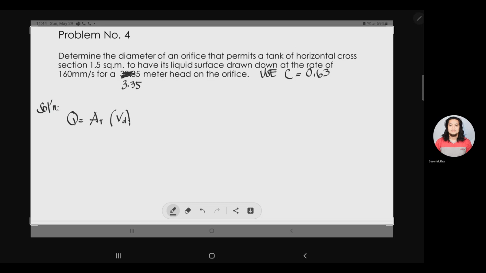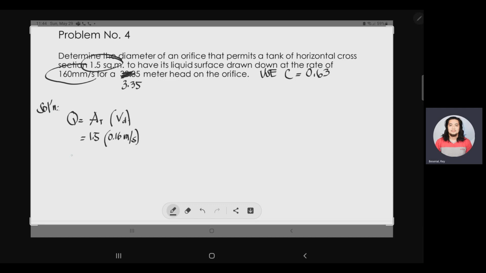Meron tayong area ng tank na 1.5 square meter. Tapos, yung ating drawdown velocity at the rate of 160 mm per second. Dapat in terms of meters, so meron tayong 0.16 meters per second. So, yung ating actual discharge is 0.24 meter cube per second.